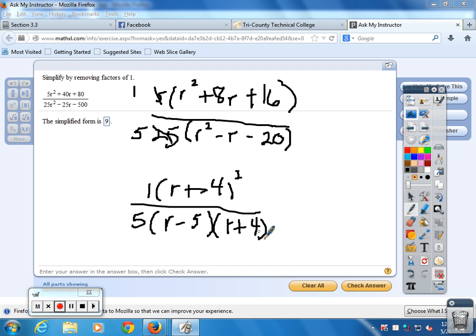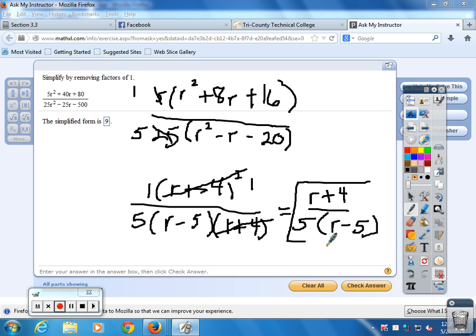What happens to the r plus 4 on the bottom? It cancels with one of these. So you're left with r plus 4 to the first power over 5 times r minus 5. And that should be your answer.